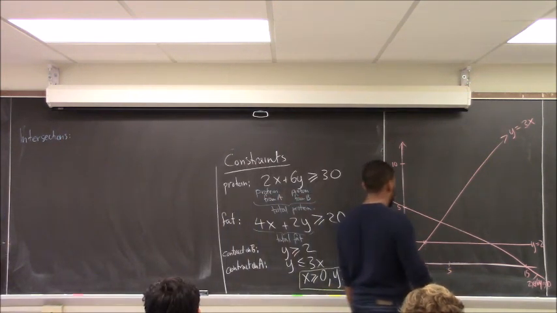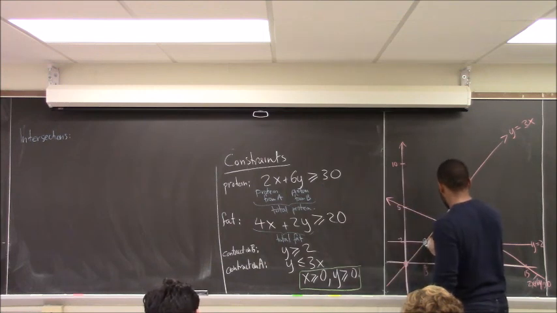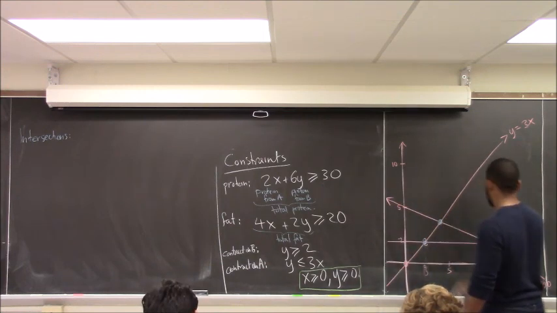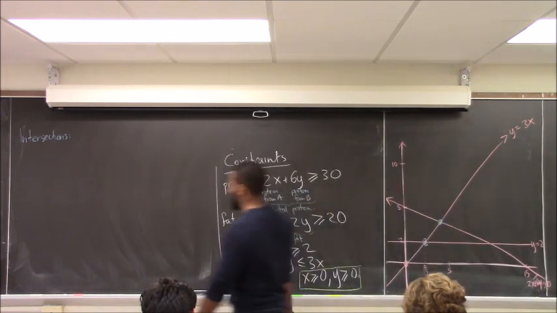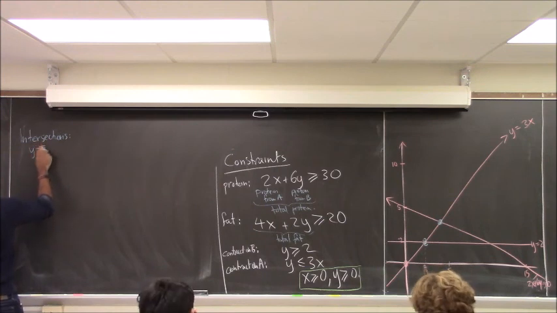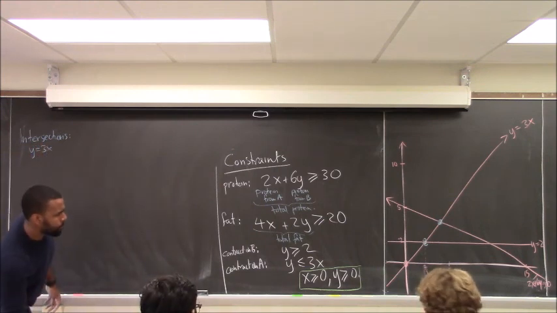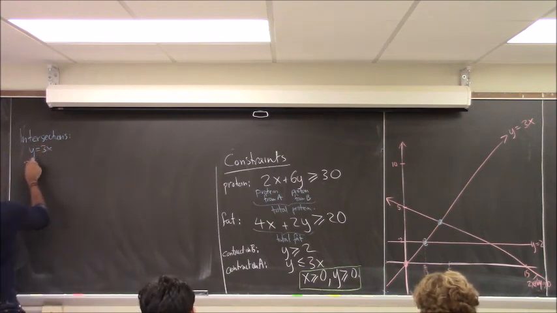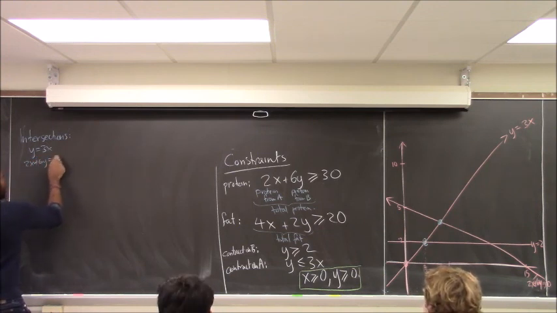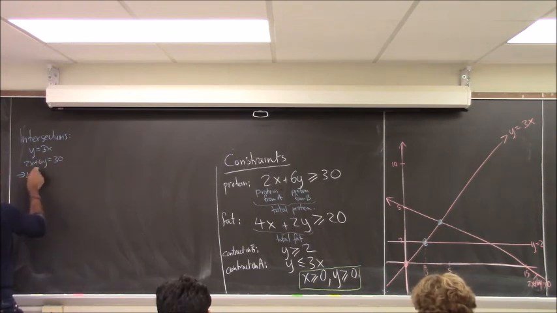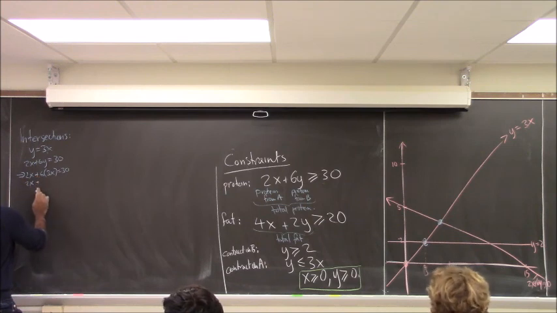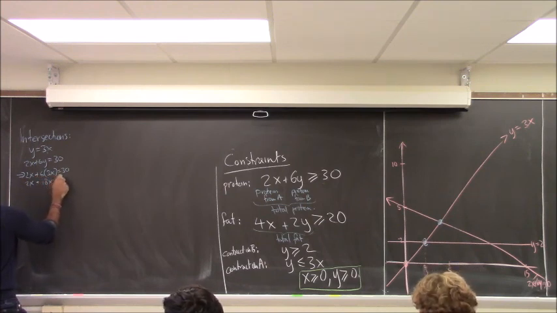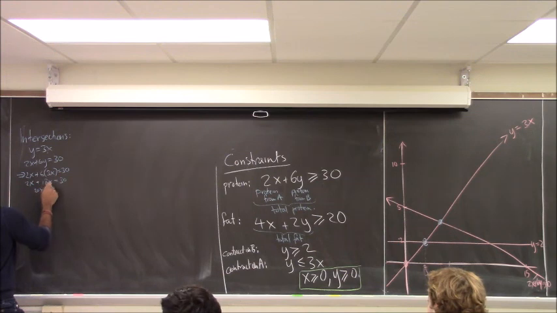What about, well, we already know this one. What about this one here? That's where the y equals 3x intersects this line. So 2x plus, I can plug this in here, this is 18, so I have 20x equals 30.